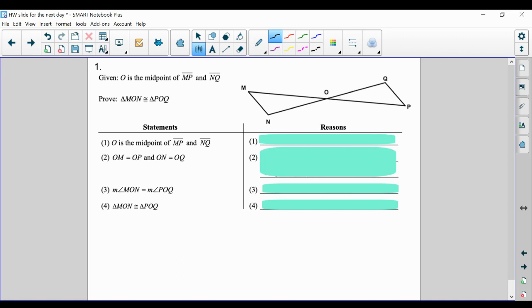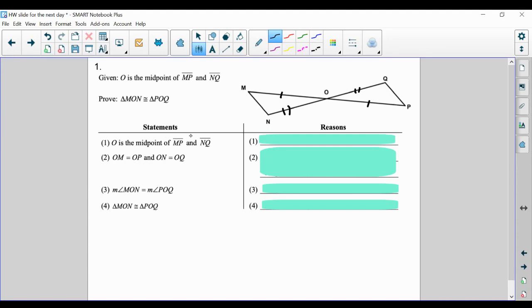Bisect means cut in half. So in this case, MP is being cut in half by the midpoint. So we have MO congruent with OP, and they have it right here. And also NQ right here, so these two line segments are also congruent.